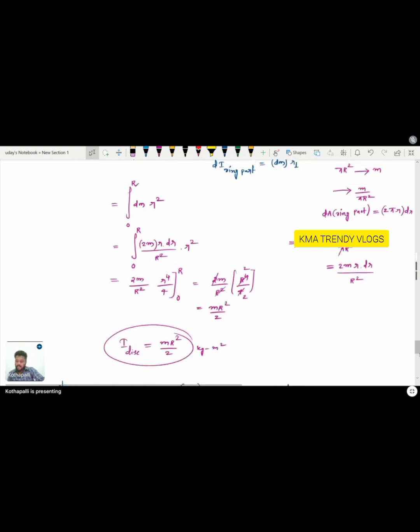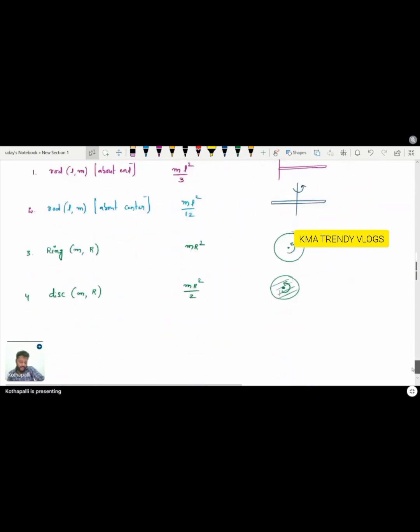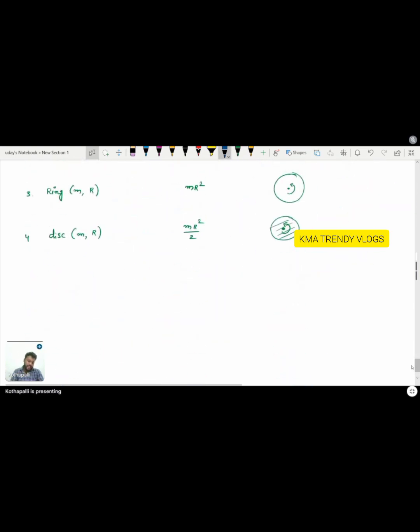After this, you must remember all the cases. Think like this. First, I'll go with hollow sphere. Before hollow sphere, let's take the case of hollow cylinder, of mass m, radius r.